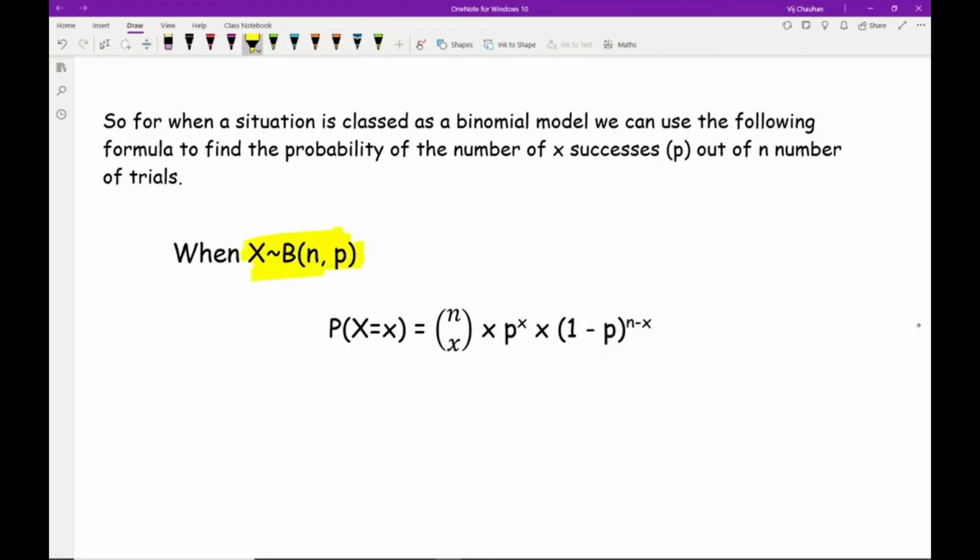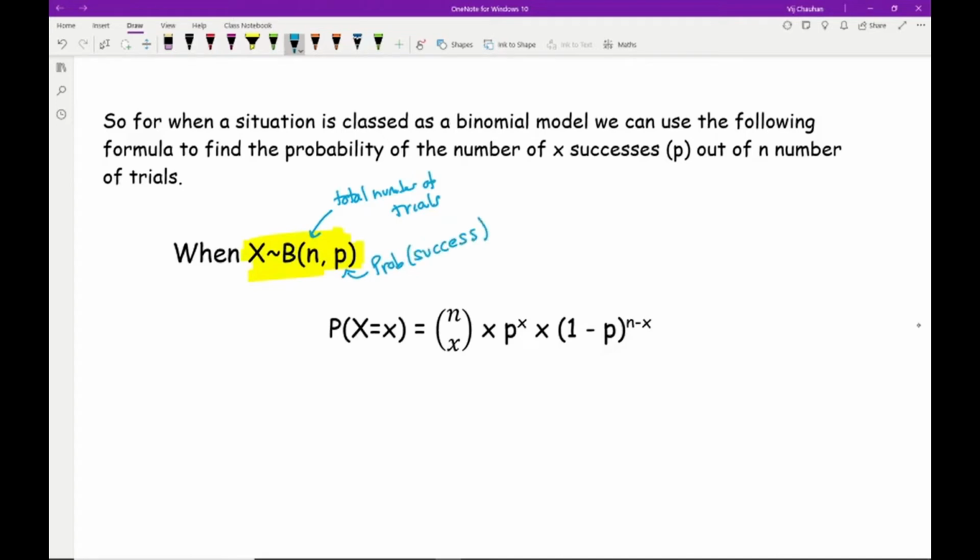X is just the name of the experiment, and you assume that it's binomially distributed, and then you write n is the total number of trials and p is the probability of a success.